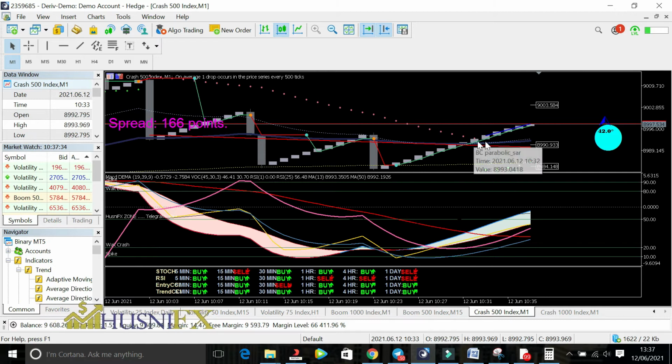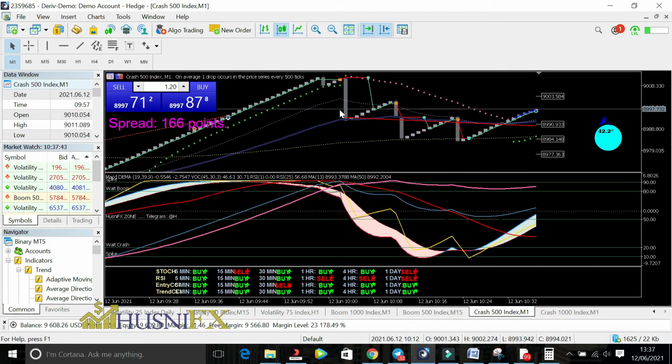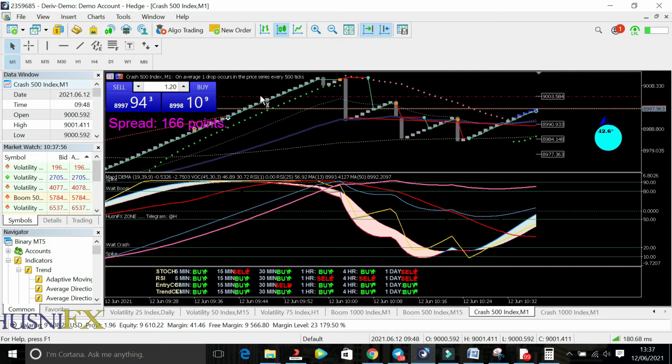missed the entry here. Okay, let us try to catch. We are buying here. We are buying, so it should be 1, 2, 3, 4. Okay, we cannot catch 5 right now because the exact entry was here.